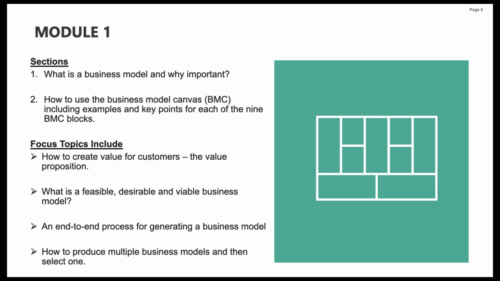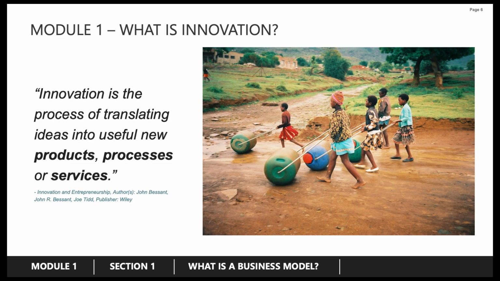If you've generated, say, 4 or 5, which is a good thing to do, then what we want to do after that is say, okay, which ones are the strongest? How do we actually assess that? So I'll be taking you through a structure to assess some of your business models.